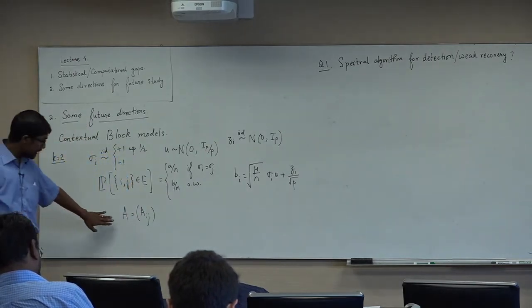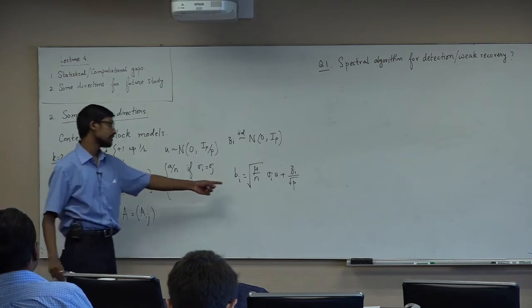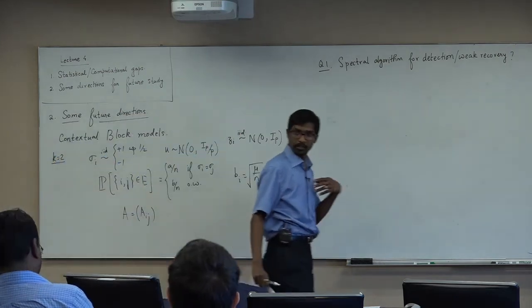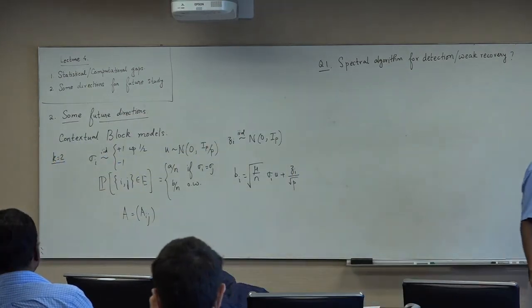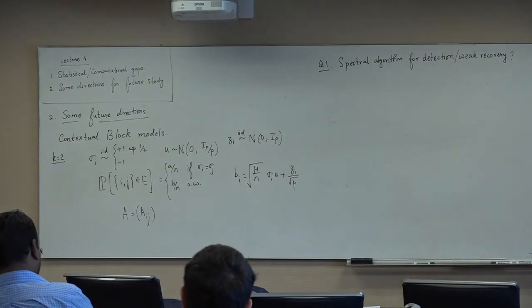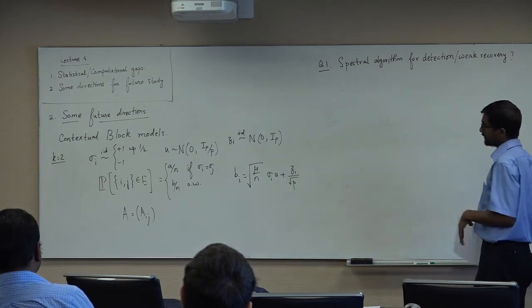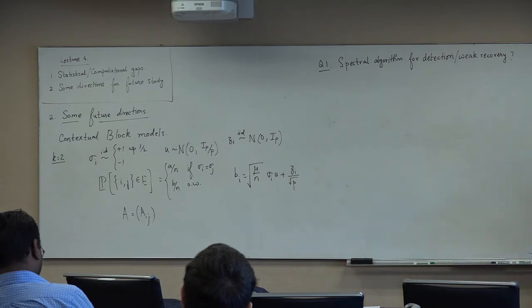This is the adjacency matrix of a sparse graph. This is a dense random matrix. So the two objects tend to not play really well with each other. So I feel that even developing such a spectral algorithm will require some new technical ideas as well. But generally, having a cheap spectral algorithm that you could use for this setting would be really nice. Okay, so this is one question.